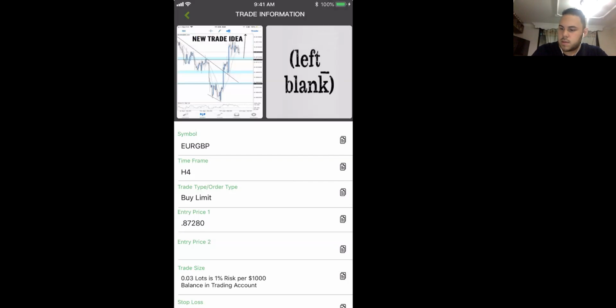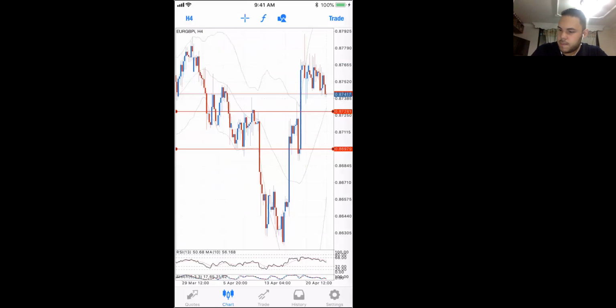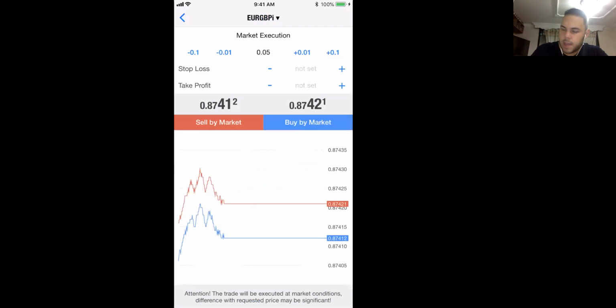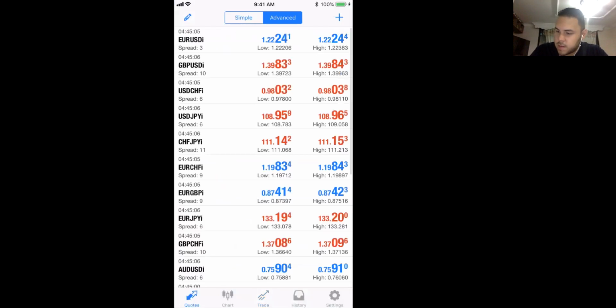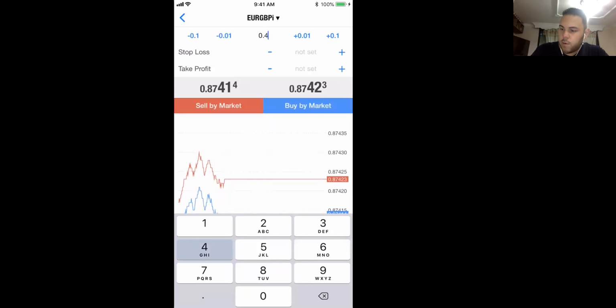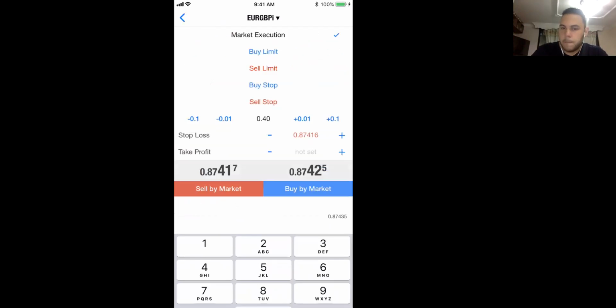So I'm gonna put this buy limit. I'm gonna copy 87.28 on the Euro GBP trade. I have 4,000 now. My account's growing. So now I'm gonna use 0.4 lots, buy limit.